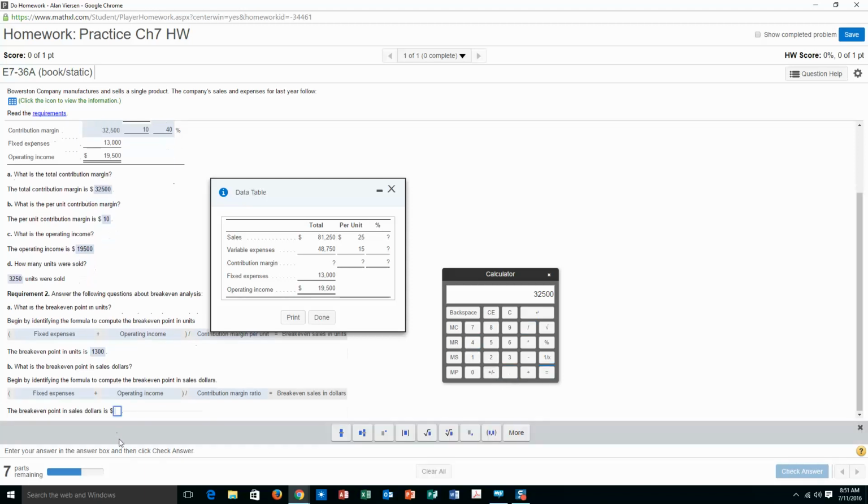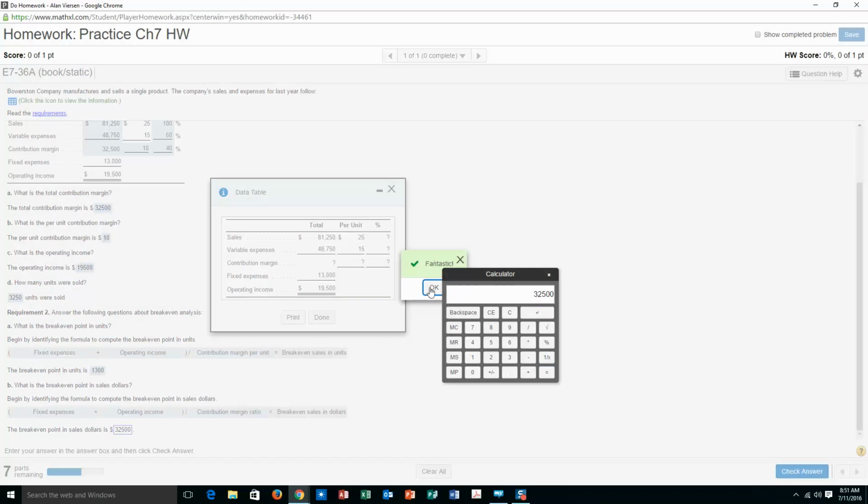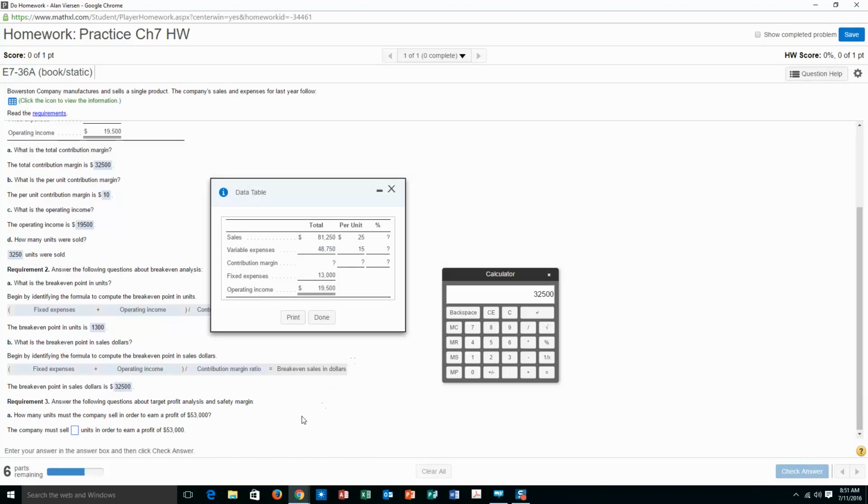So my break even in sales dollars is 32,500. That's a short demo in filling in your table and doing break-even analysis in both units and dollar amounts.